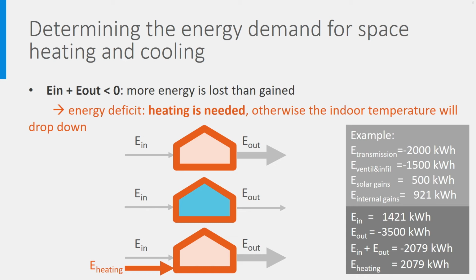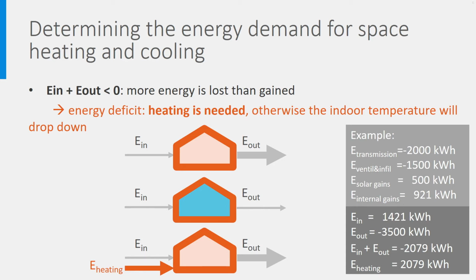The energy in consists of the solar gains and internal heat gains and amounts therefore to 1421 kilowatt hour. The energy out consists of transmission and ventilation and infiltration and amounts to minus 3500 kilowatt hour.